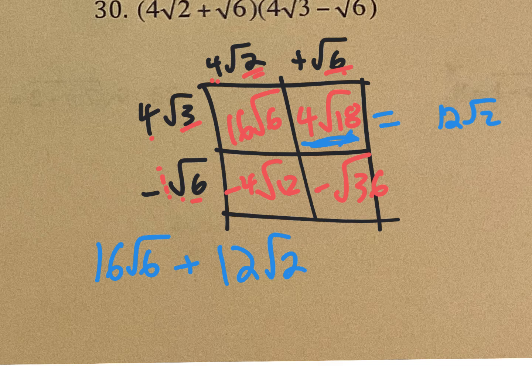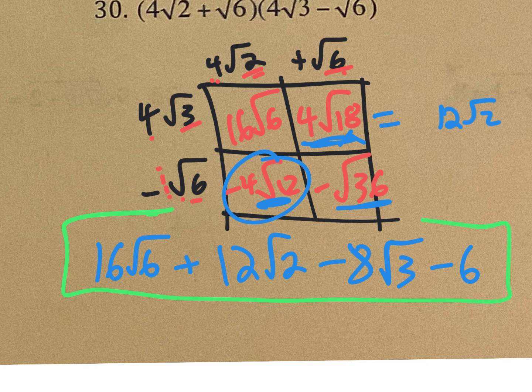I break down 18. This right here is going to be negative 8 square root of 3. That's me breaking this down. And then this right here is just 6. Oh, wow. I can't combine any of those things together because they're not like radicals. So there you have it, the ugliest answer ever known to math.